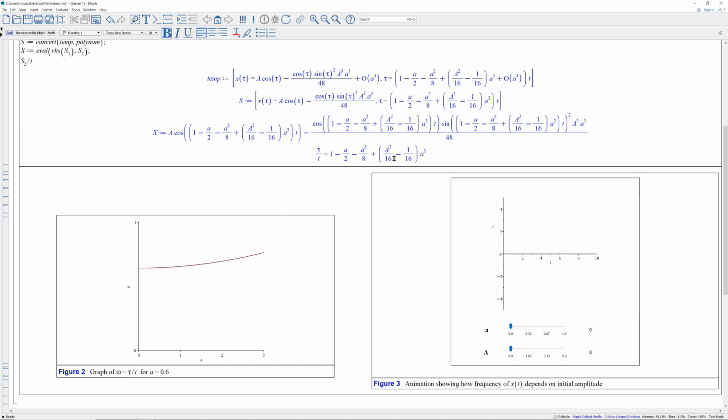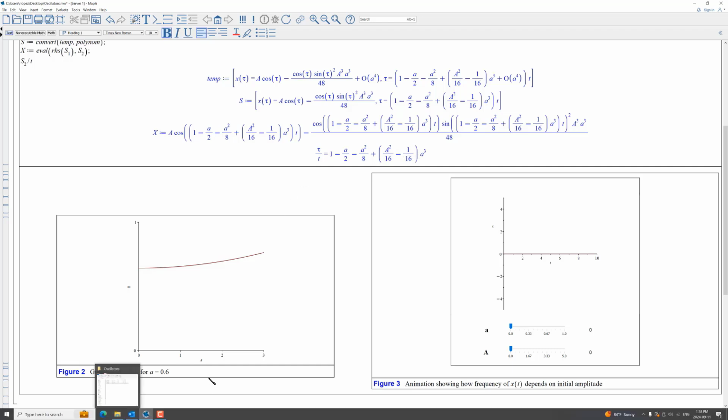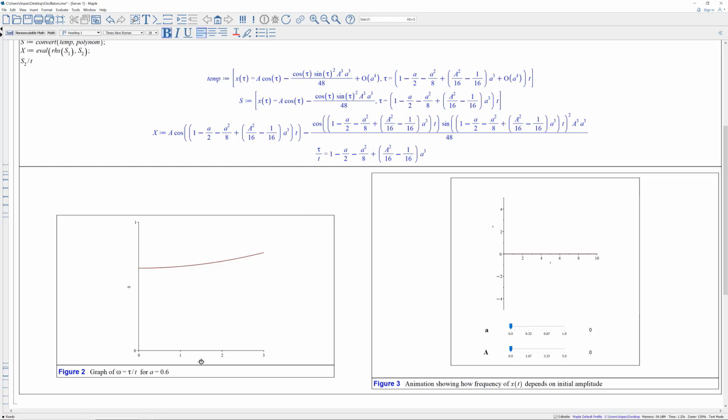It clearly depends on A, and I'm showing the dependence of omega on A. It's quadratic, because we've just got a squared here. Okay, and I have to fix a value of little a. Well, I fixed it at 0.6, and it's parabolic, right? So there is a dependence of the angular frequency on the initial displacement, capital A.